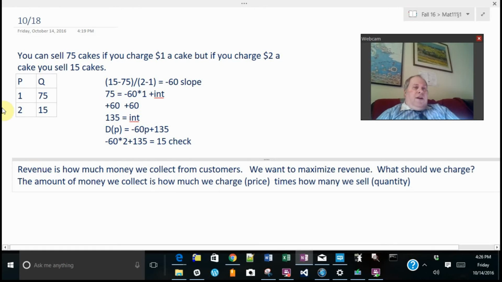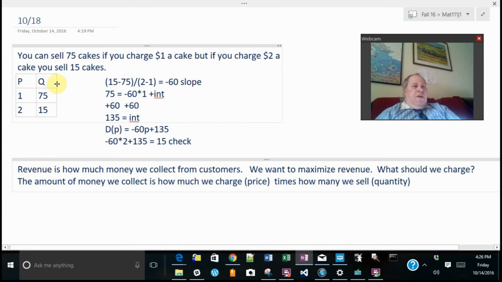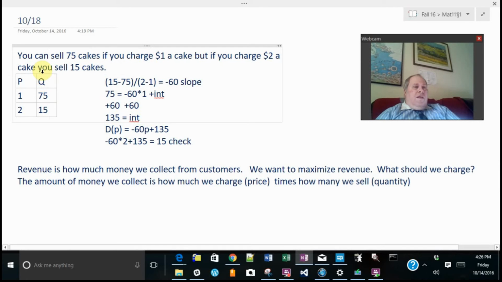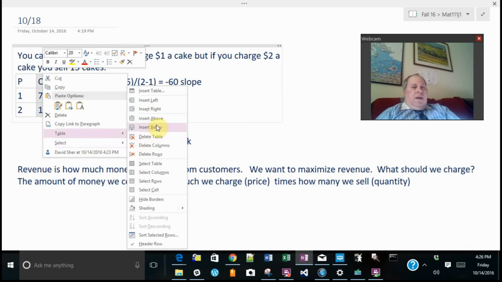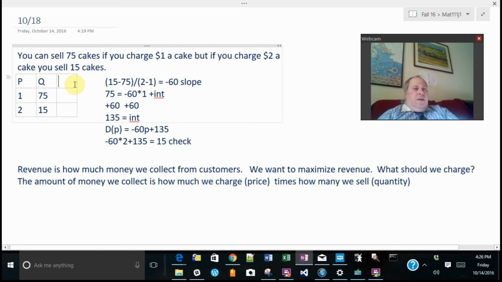So in the first case, if we were to add another column on the right, we'll call it R for revenue.